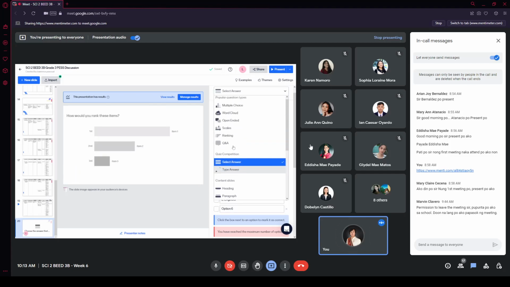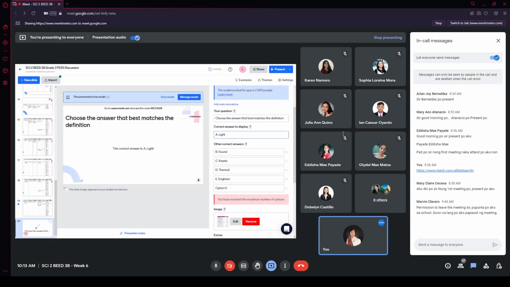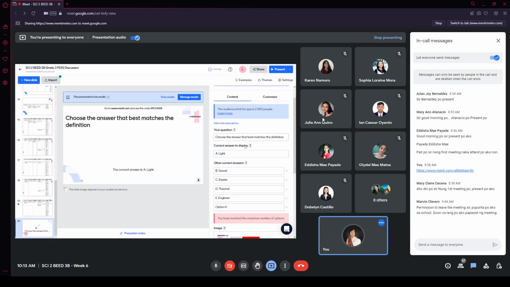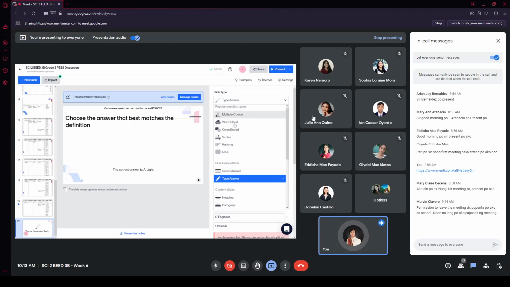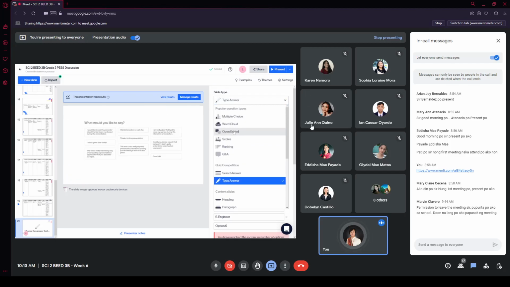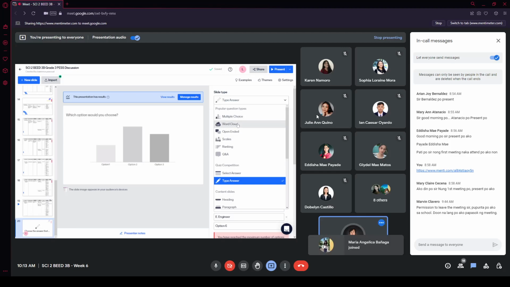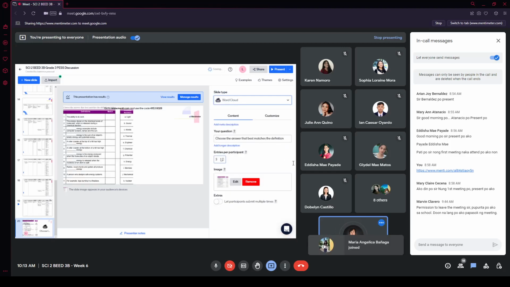What should we do then? Type answer. Correct answer to display. No. Okay, open-ended then. Or word cloud, so that the answer is open-ended. Entries per participant, just one. Okay, so for number 1, ability to work.